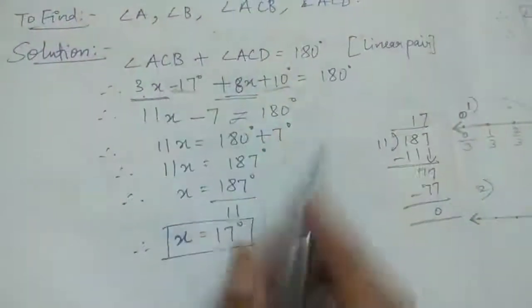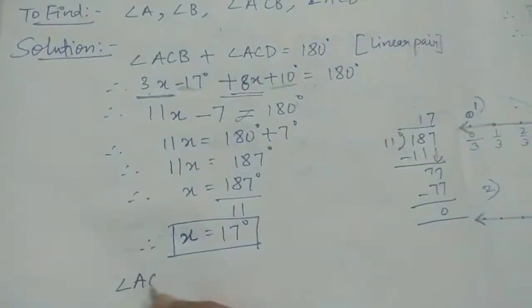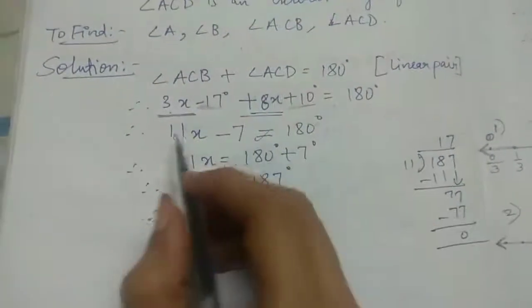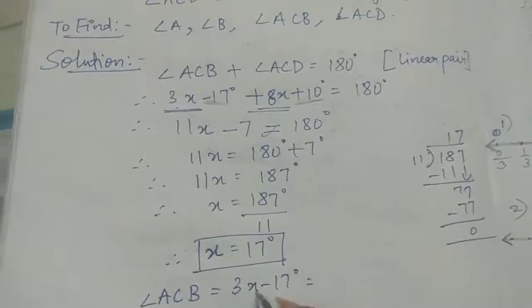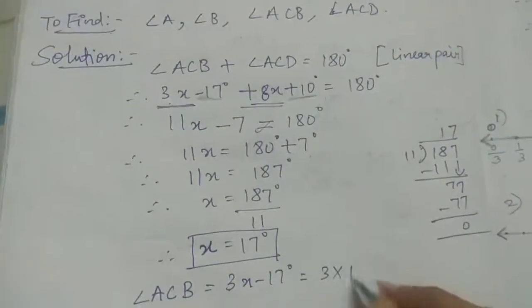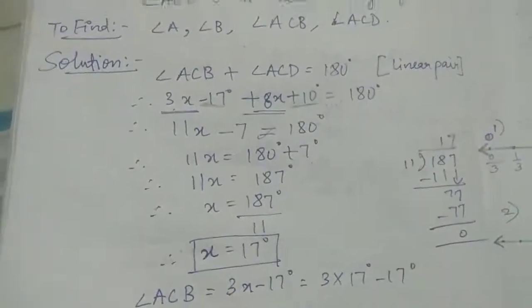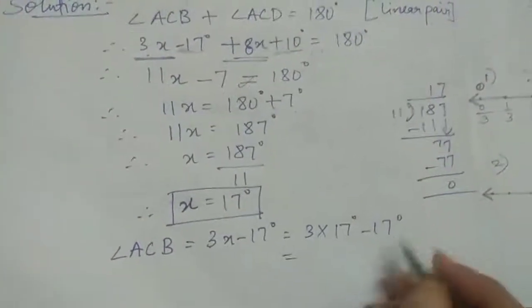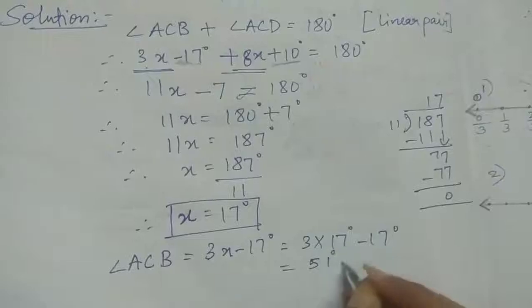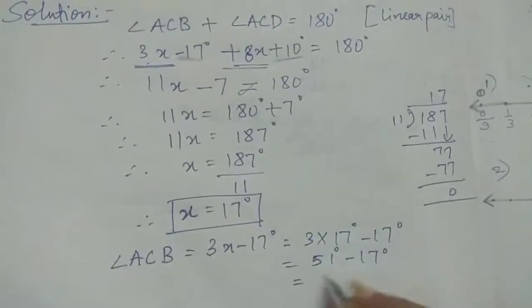Therefore, let's find ACB. ACB is 3x minus 17. So 3x means 3 into 17 minus 17. As per BODMAS, we have to multiply and then subtract, which gives us 51 minus 17, that is 34 degree.